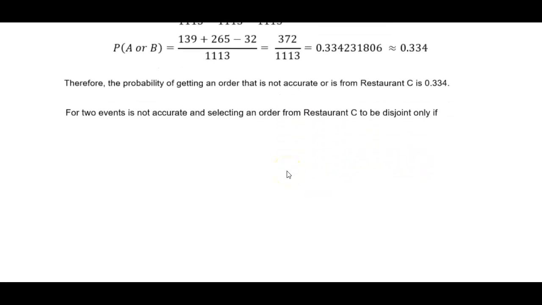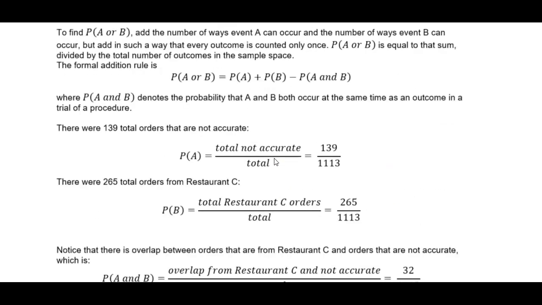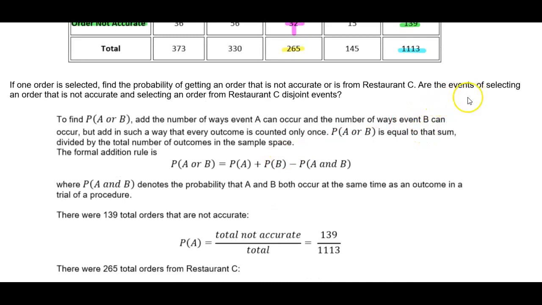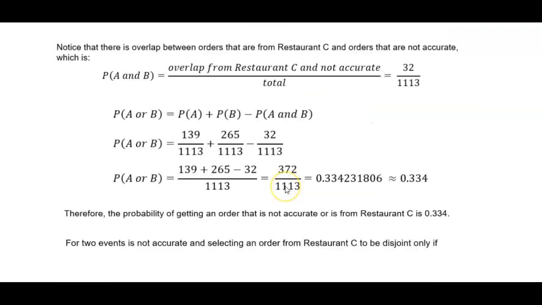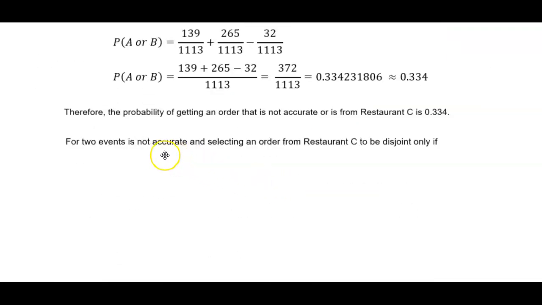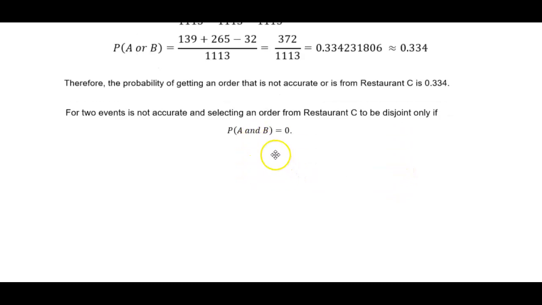Now, this is talking about the last question here, which is asking, are the events of selecting an order that is not accurate and selecting an order from restaurant C disjoint events? For two events to be disjoint, the probability of A and B must be equal to 0.